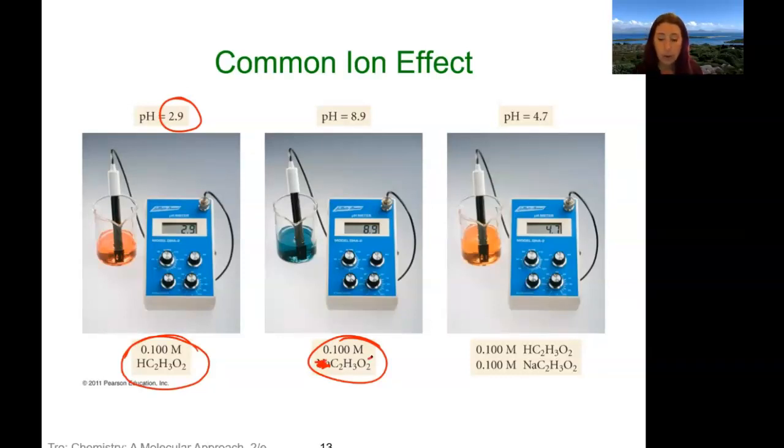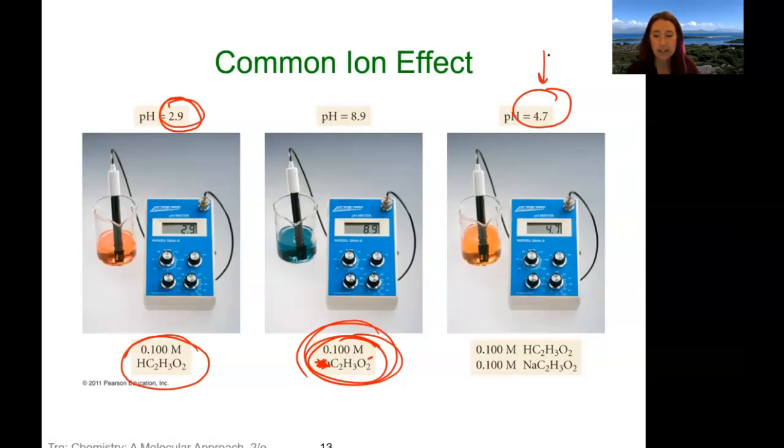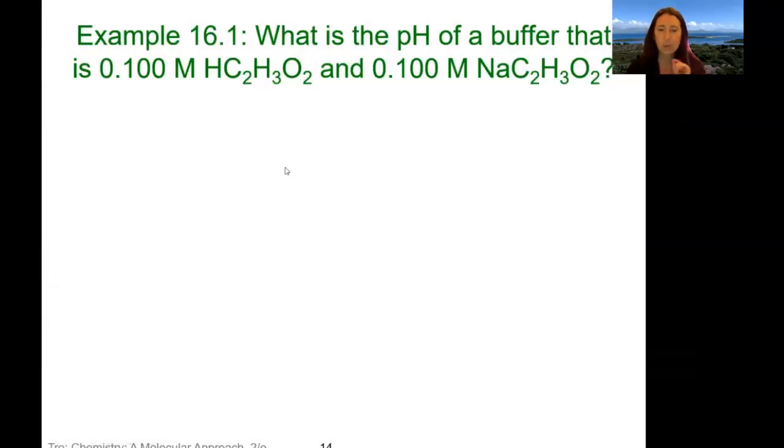Now, when we add a good amount, and we'll talk about what a good amount is, we're just going to add an equal amount of this. You can see the difference in the pH, right? This is what a buffer is. So now what we could do is add acid or base to this, and this pH would not change very much.